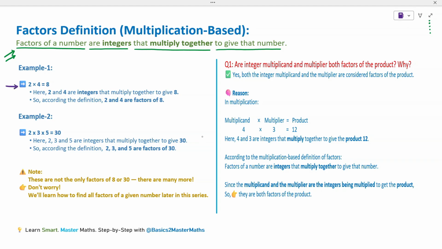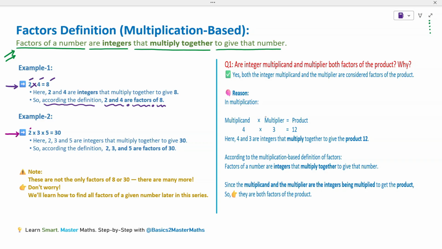Example 1. Here 2 and 4 are integers that multiply together to give 8. So, according to the definition, 2 and 4 are factors of 8. Got it? Example 2.